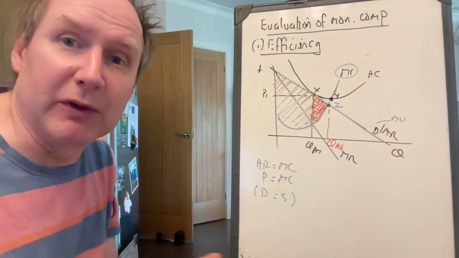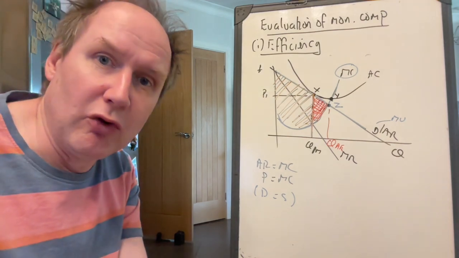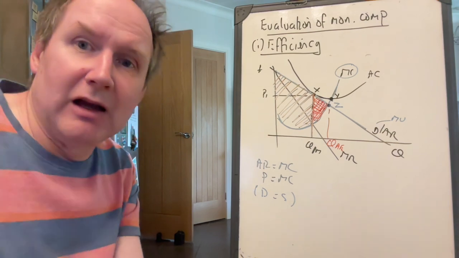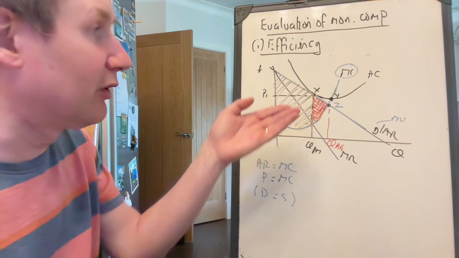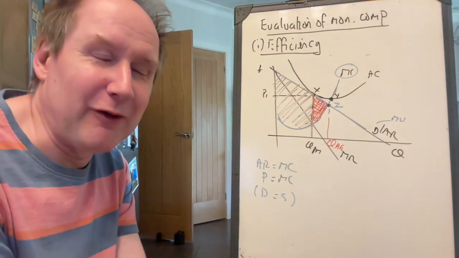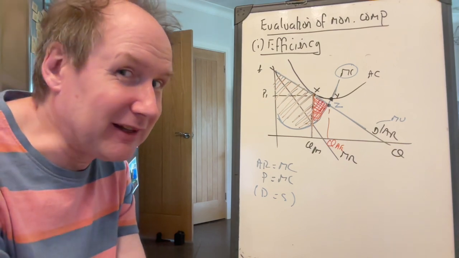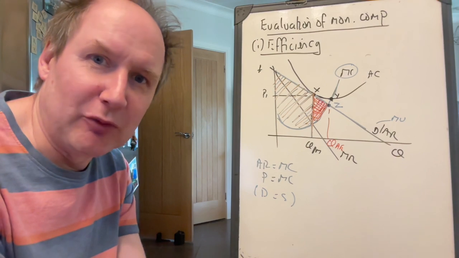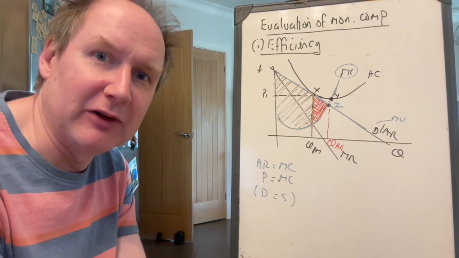So a firm in monopolistic competition is neither allocatively nor productively efficient, primarily because of its price setting power. The bad news, of course, is that we're only making normal profit in the long run as well. So therefore, it's not going to be dynamically efficient either. We don't have surplus abnormal profits in the long run because there are no barriers to entry.